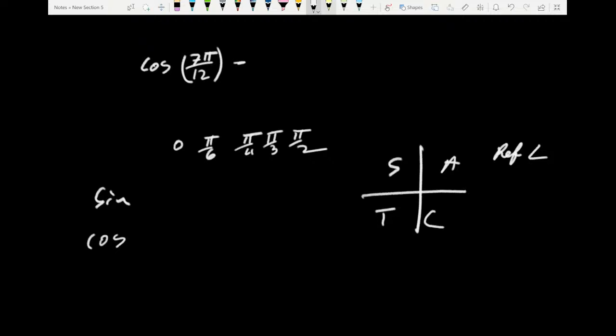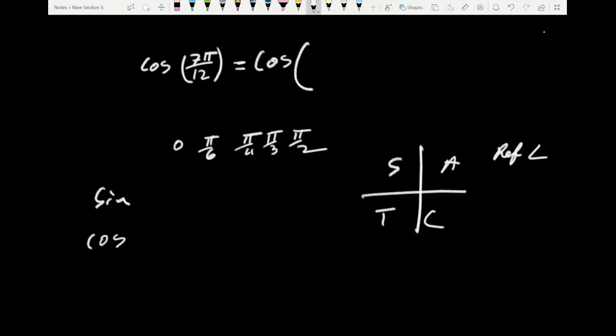Well, for that problem, we ask, can I combine two angles? When I add them, I get 7 pi over 12. So what are the two special angles I could use?